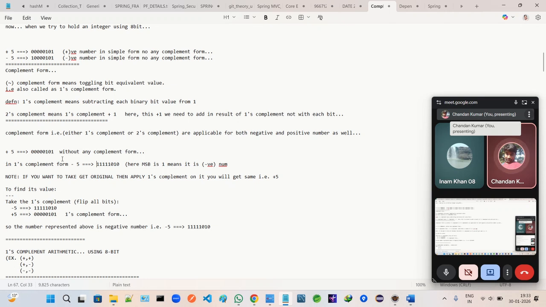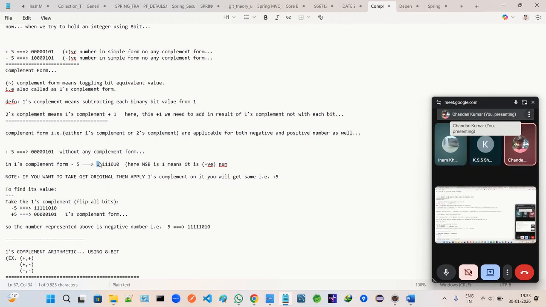Now just tell me, looking here, this is the one's complement of plus 5, right? When you look at the MSB of the one's complement, you get 1. If the MSB is 1, that MSB is also called the sign bit, and it means the one's complement you have calculated is in negative form.